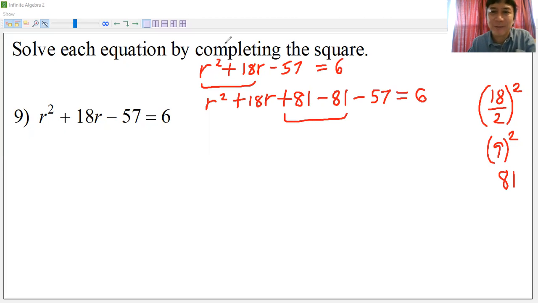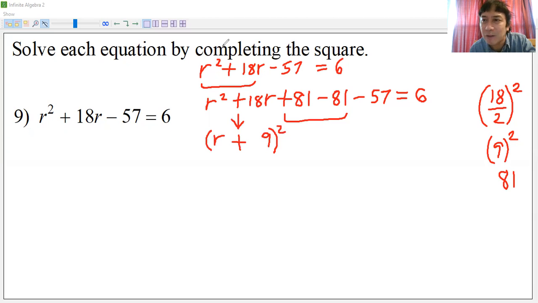All right, okay. After which, next step, we already know this r squared plus 18r plus 81, the trinomial. We can now replace that with the perfect square expression. We can now change this to r and 9, okay? All right. And then you copy this sign here. That's plus. And then squared, okay?